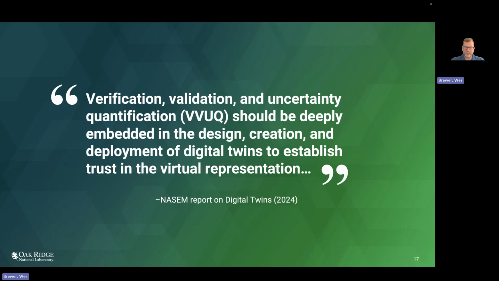So the National Academies of Science, Engineering, and Medicine put out a report on recommendations for digital twins earlier this year. And one of their primary recommendations was that verification, validation, and uncertainty quantification, or VVUQ, should be deeply embedded in the design, creation, and deployment of digital twins to establish trust in the virtual representation.